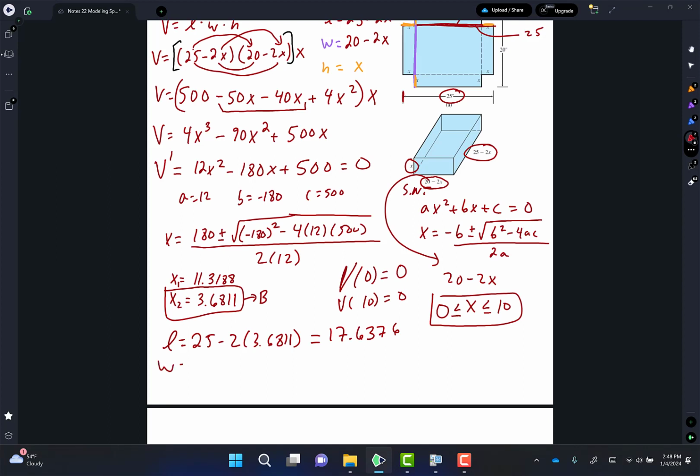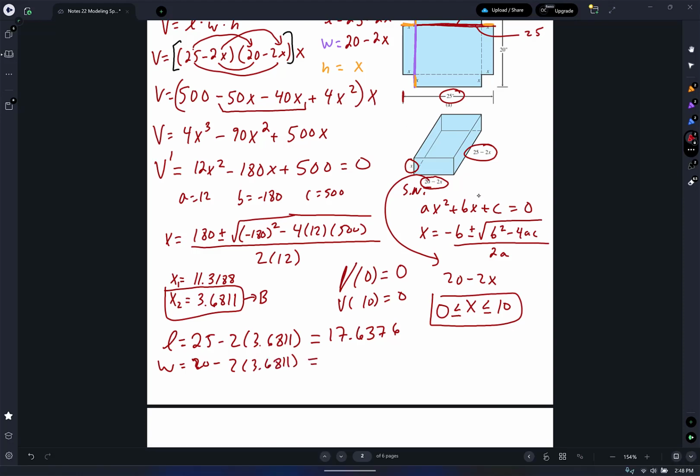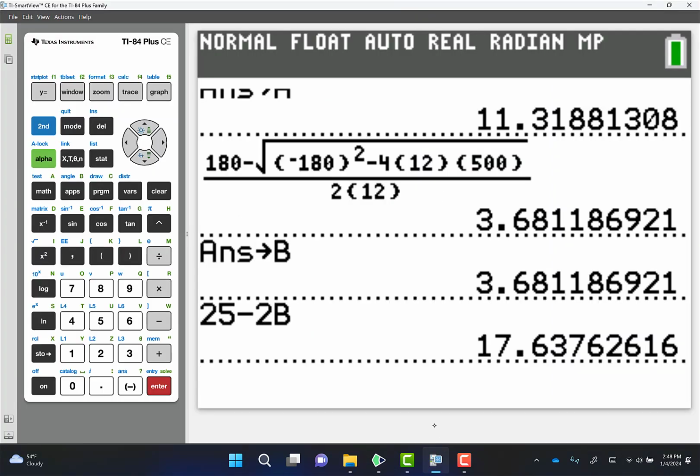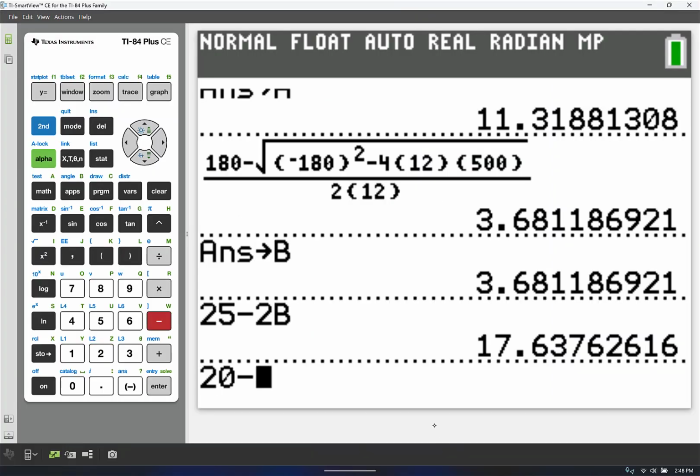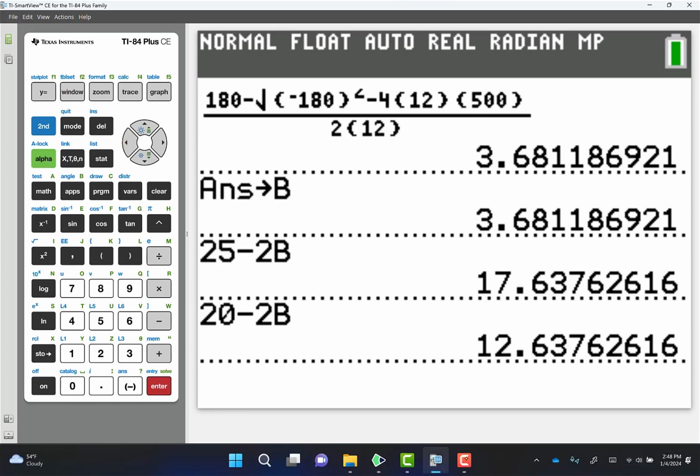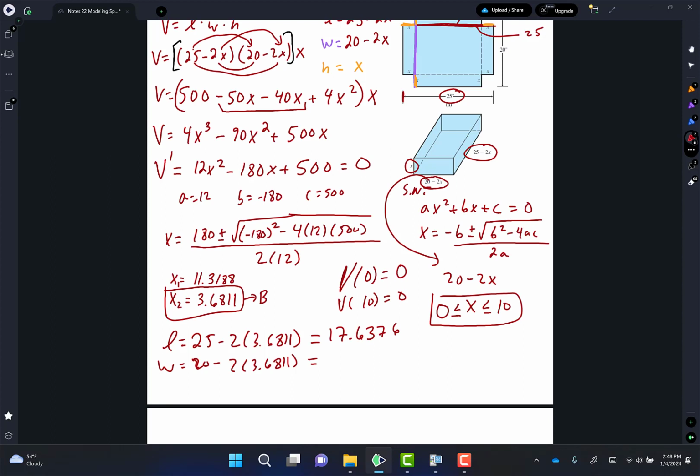17.6376. My width equals 20 minus 2 times 3.6811. So let's see what that is. 20 minus 2b is 12.6376.